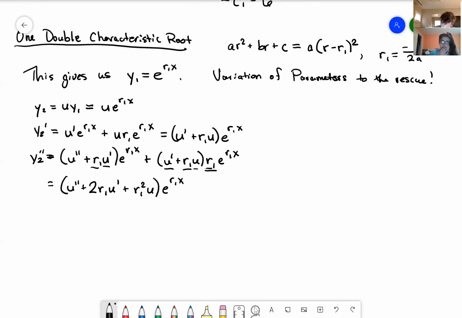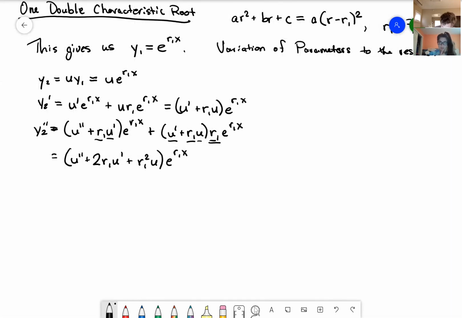Okay, so plugging this in, I'll do this right here. a y double prime plus b y prime plus c y is equal to a times (u double prime plus 2 r1 u prime plus r1 squared u) e to the r1 x plus b times (u prime plus r1 u) e to the r1 x plus c u e to the r1 x.